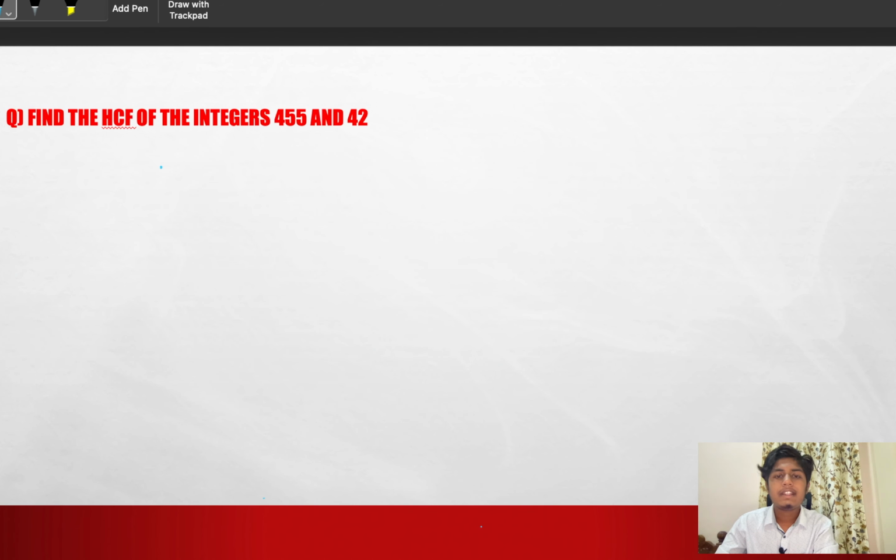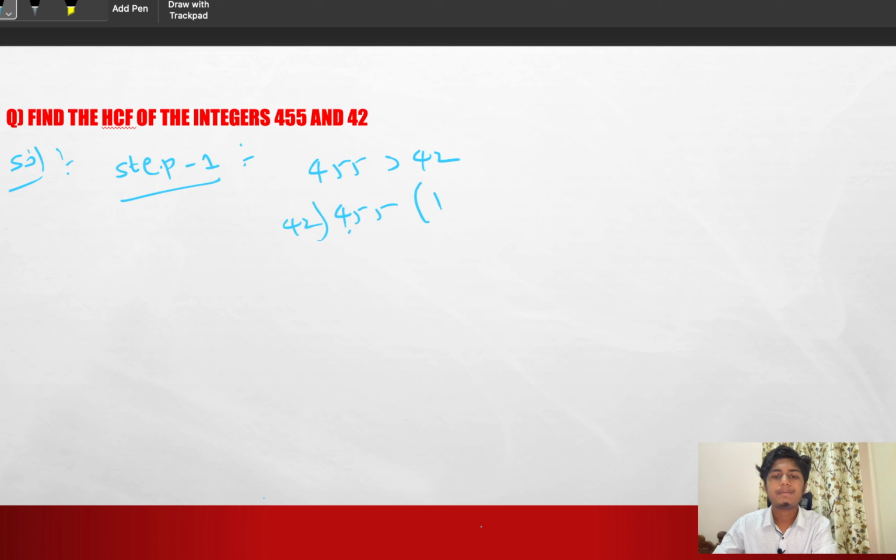Find the HCF of the integers 455 and 42. Step 1 is to determine which of those two numbers is larger. So 455 is bigger than 42. So we have to divide 455 by 42.